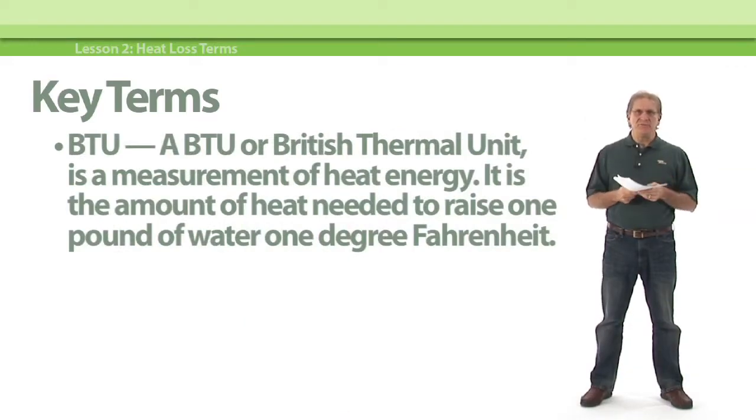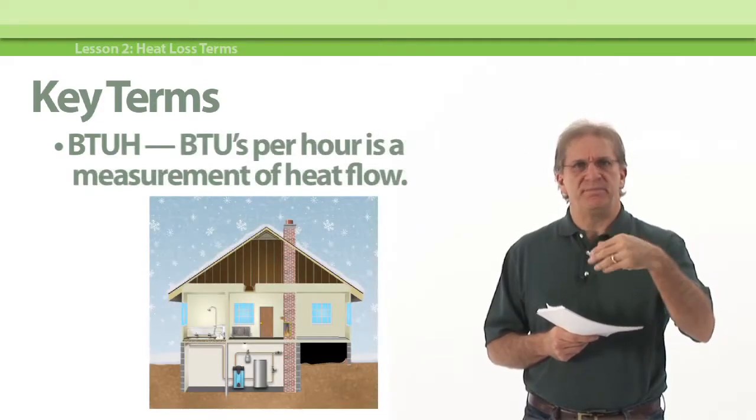Next term is BTU. A BTU is a British thermal unit, and that's the measurement of heat energy. It's the amount of heat needed to raise 1 pound of water 1 degree Fahrenheit in 1 hour, technically speaking. This is another one of those details you can forget if you want, as long as you know that BTUs are the common units we use in heat loss calculation. Now the more important term is BTUH.